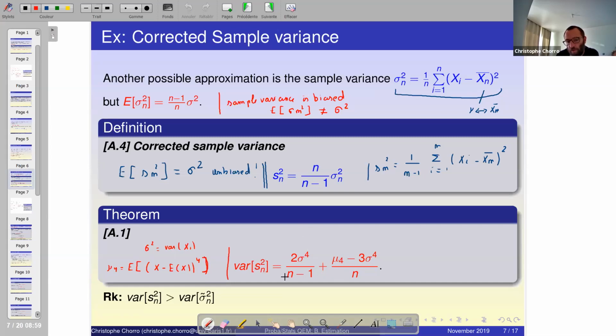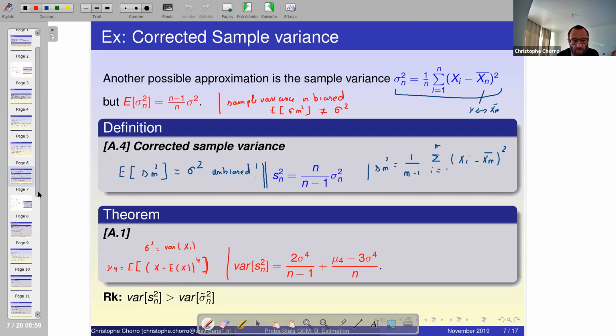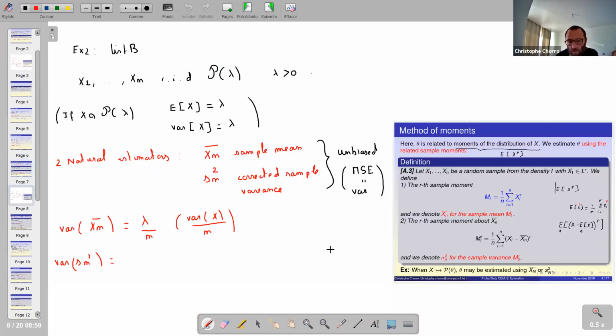It is this formula for the variance of the corrected sample variance, with sigma square that is equal to the variance and mu4 that is the fourth centered moment. In the statement of the exercise, for the variance of x, I know it: it is lambda, the variance of a Poisson.